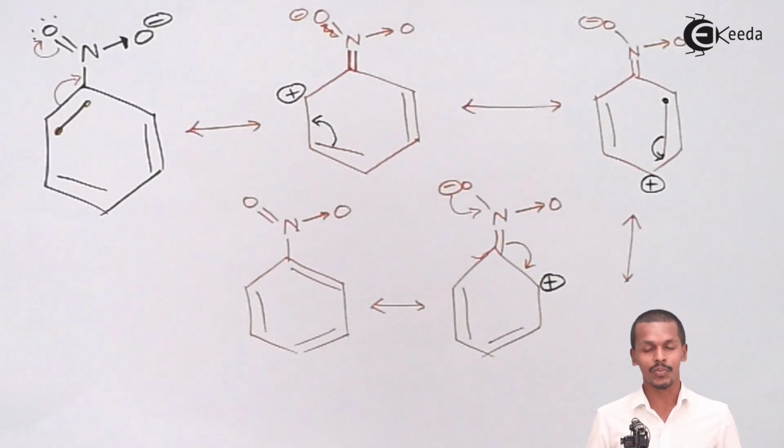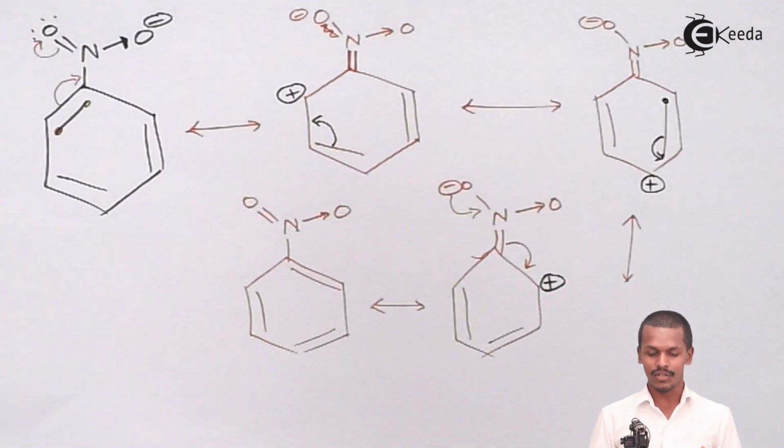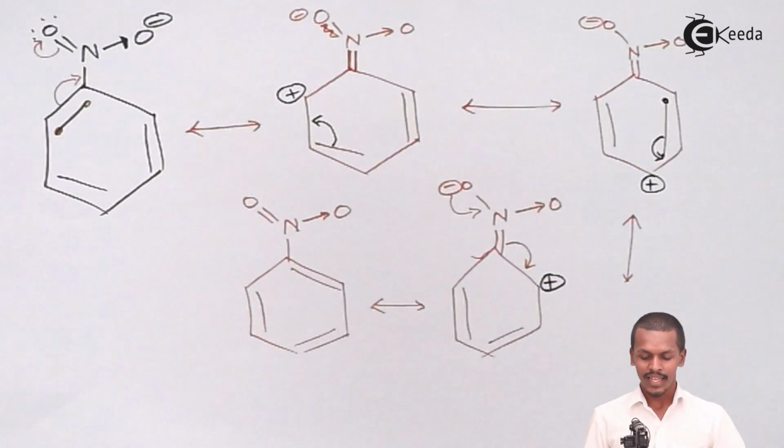So these were the three kinds of things that I wanted to explain to you, that is, activating ortho and para directing, deactivating ortho and para directing, and deactivating meta directing.